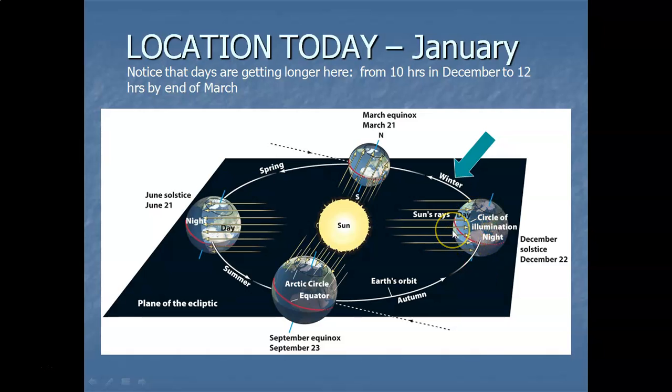Right now the sun is rising about 7 a.m. and setting about 5:30. What you're going to notice is sunrise getting earlier and earlier, and sunset getting later and later. So the days are getting longer and longer.